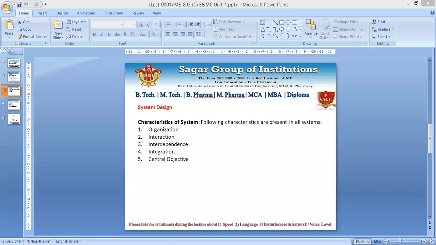So these are the interactions, and we have taken an example of the purchase department, how it interacts with other departments as small components, as a part of the system.